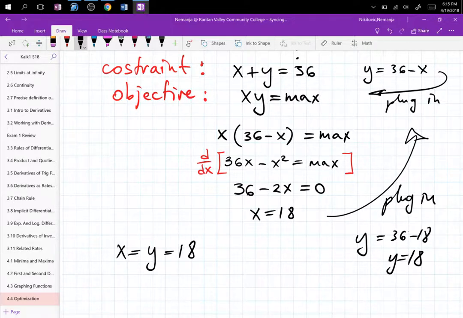It's 18. If you try anything else, the product will be less than the max. Now go ahead, do 18 times 18, and you will find what the maximum product is. So, yeah.